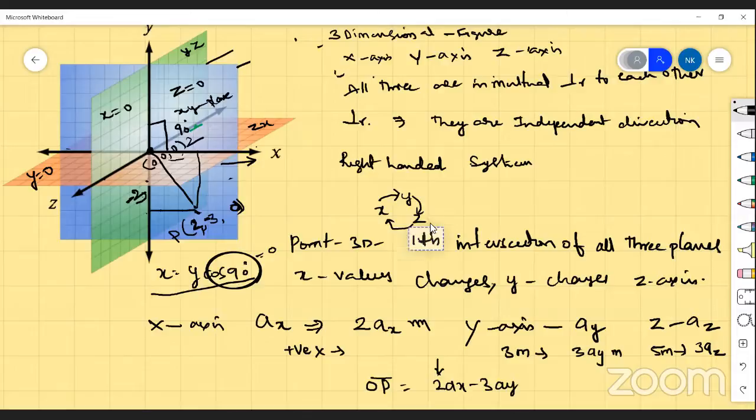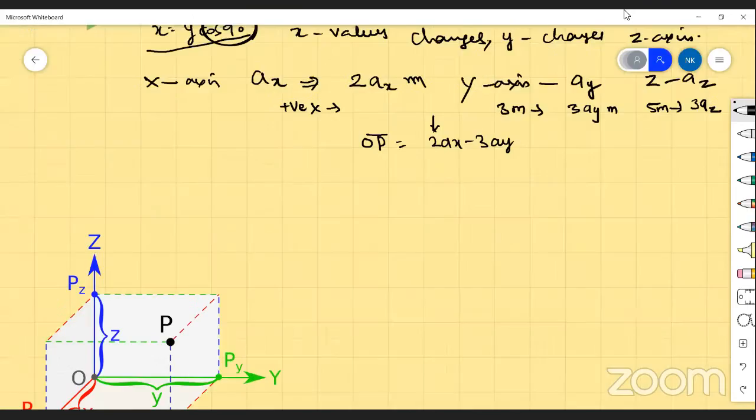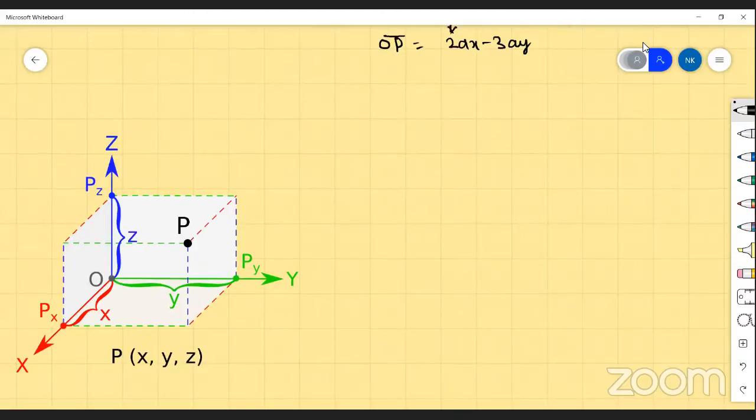Okay. So now we have unit vectors. ax, ay, az are the unit vectors. Now consider a special case. Let P be the point x comma y comma z.